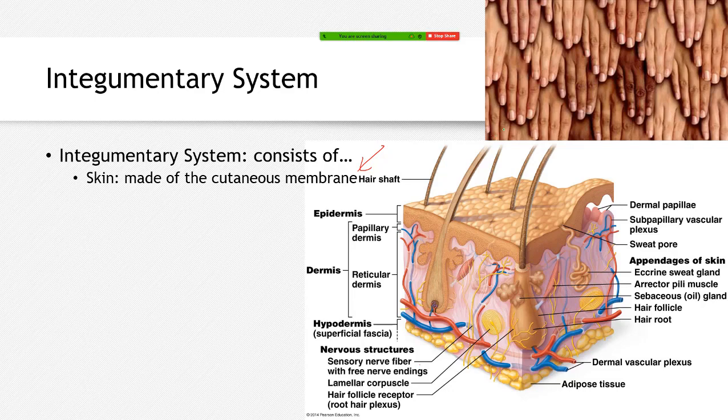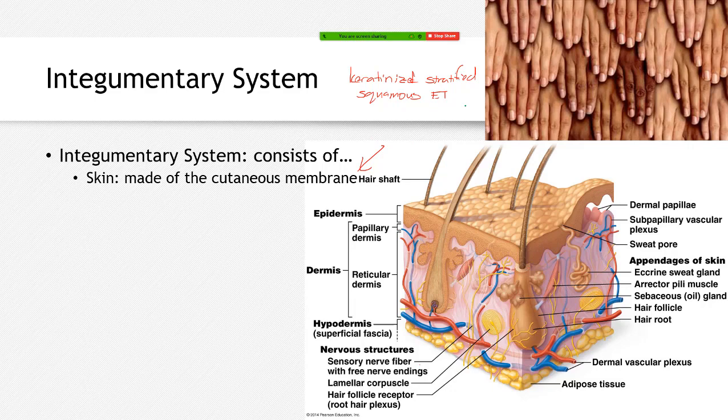We just mentioned it, right? Okay. It has the keratinized, stratified, squamous epithelium.